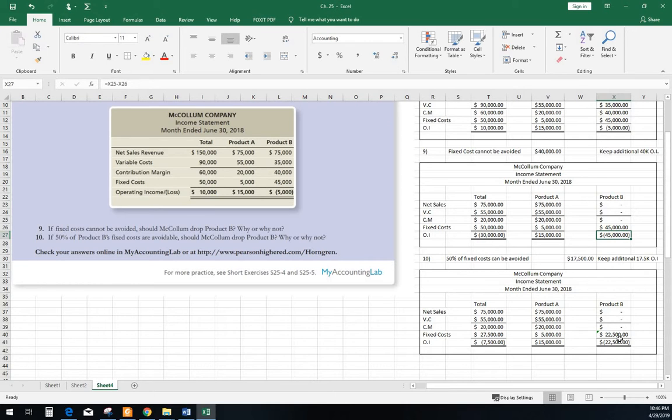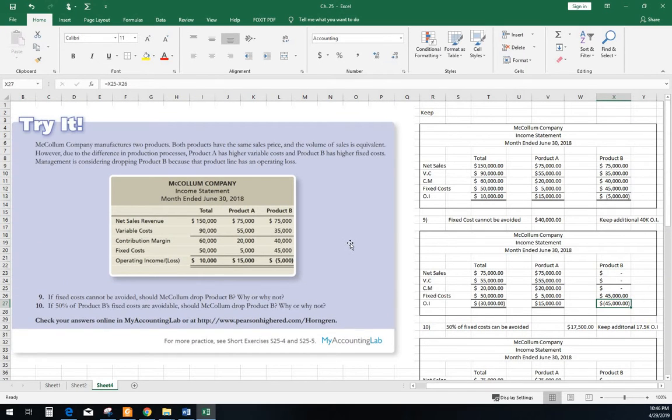And under this scenario, most or half of those fixed costs are still there. So rather than take a $22,500 loss or a $45,000 loss, we'll just continue taking a $5,000 loss and hopefully recover that later on in the business.